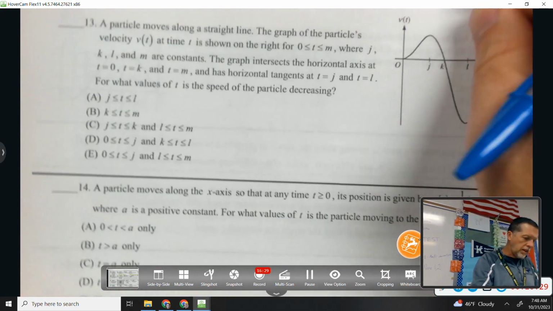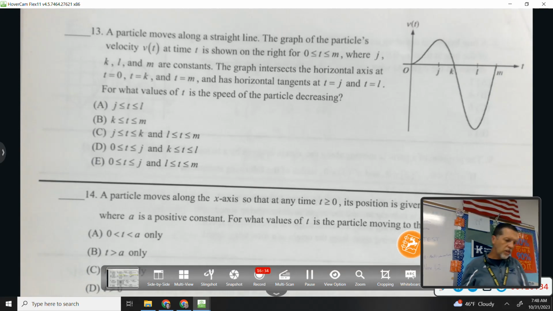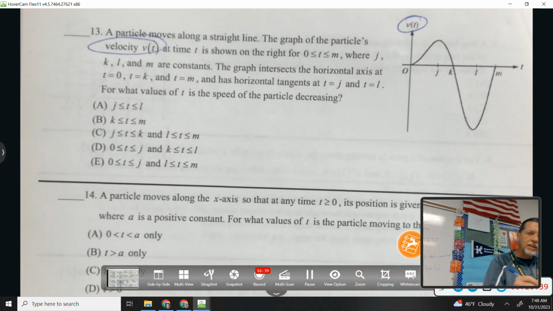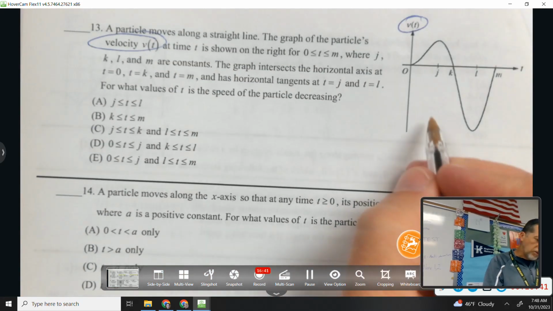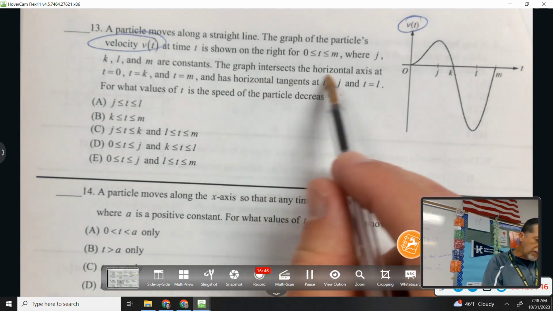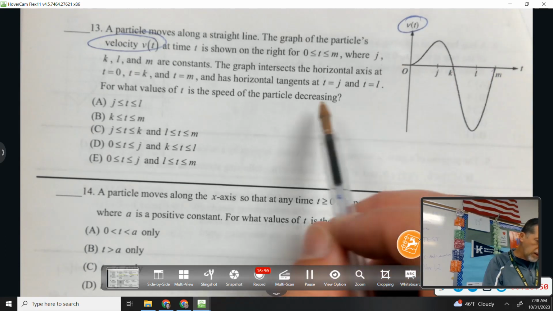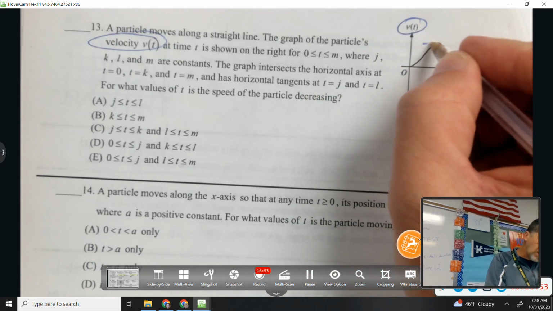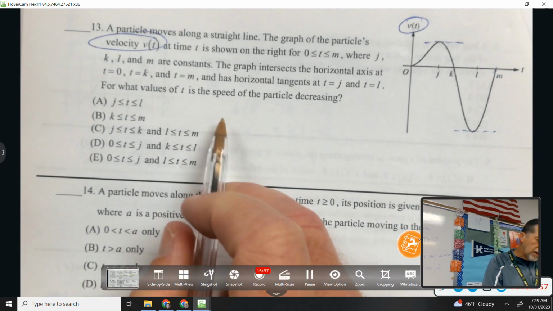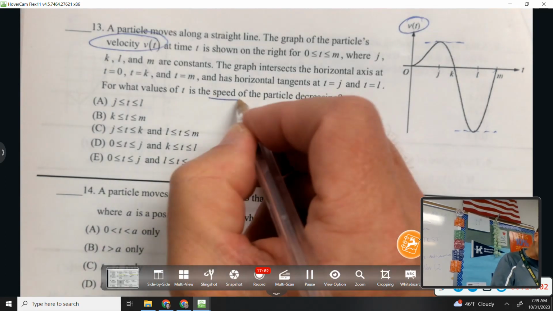And lastly, for this video, number 13, a particle moves along a straight line. The graph of the particle's velocity is shown at the right. A bunch of letters on there. The graph intersects the horizontal axis at K and M and 0. Horizontal tangents at J and L. For what values of t is the speed decreasing?